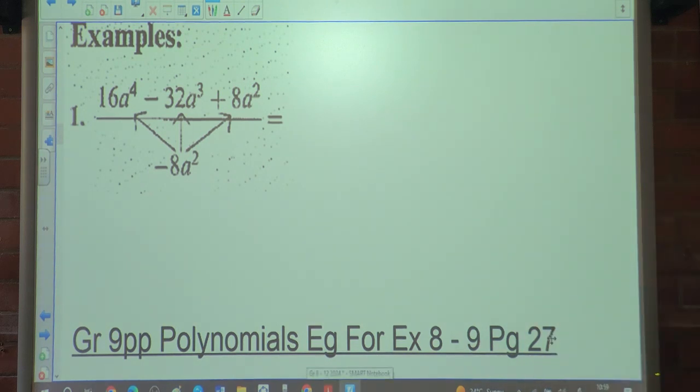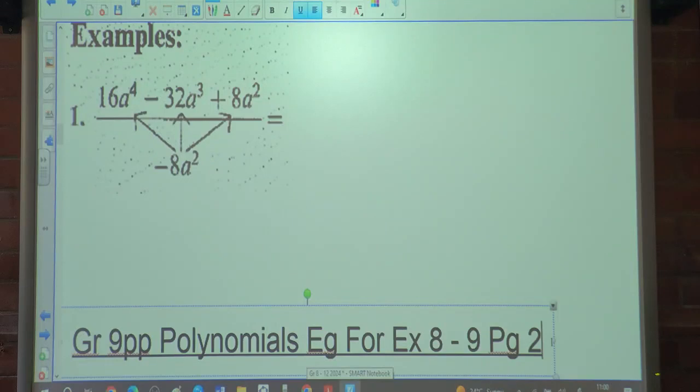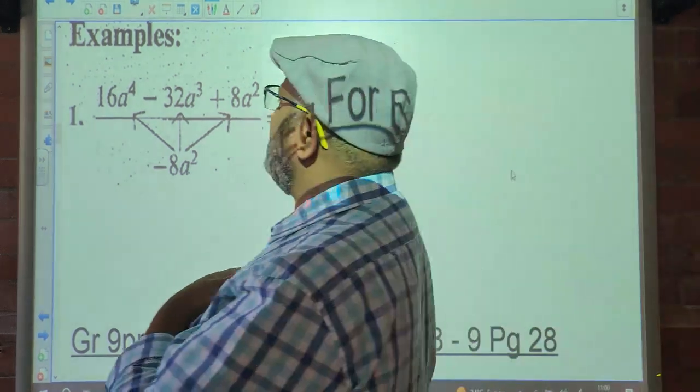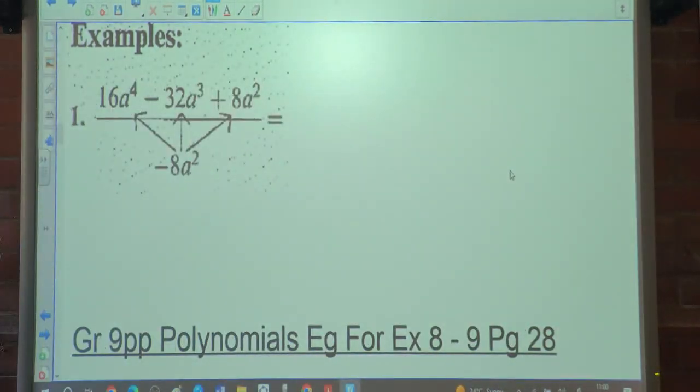Exercise 9 is on page 28. So we got 16a squared minus 32a cubed plus 8a squared all over negative 8a squared.